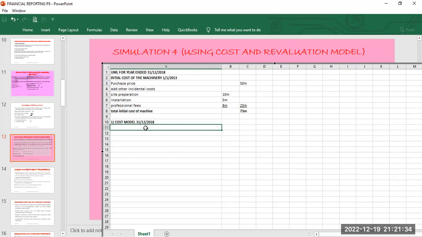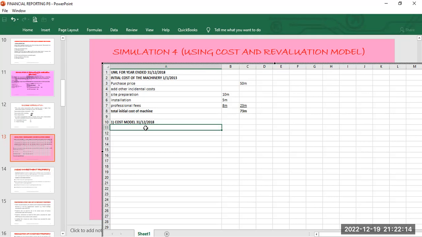And we said, first of all, this is reporting, so we expect you to do some narration of what we mean by the cost model. Those are the things you are supposed to narrate first. A person who doesn't have an accounting background will not understand what cost model is.